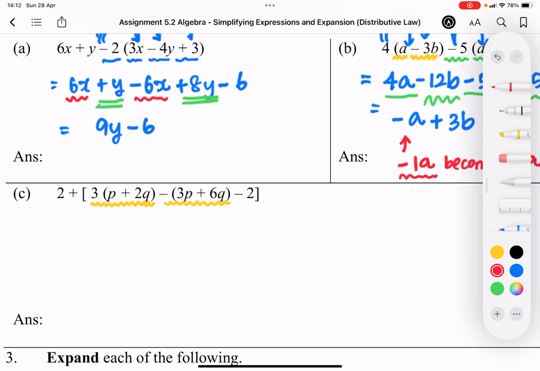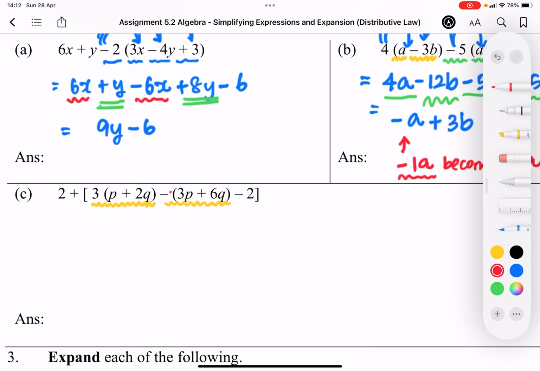Now, you have 3 times this, p plus 2q, so it is okay. But now here I have a minus bracket 3p plus 6q, so it's good to put in the ninja one first. Now, whatever is outside the square bracket, we just follow. Keep the square bracket first because we are just simplifying the terms inside.